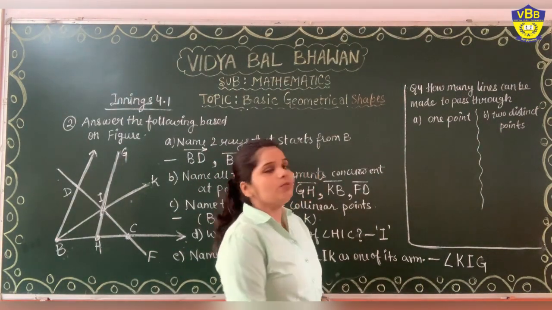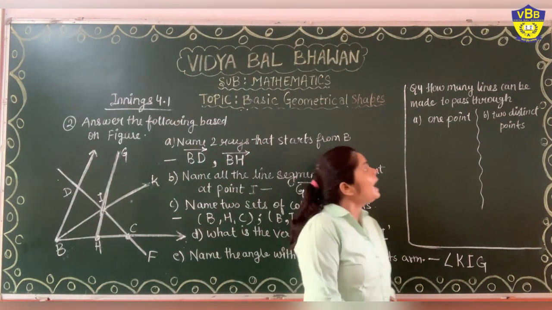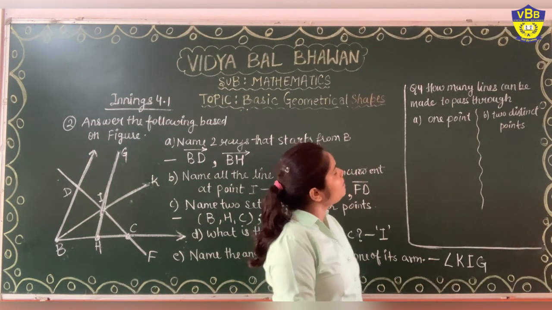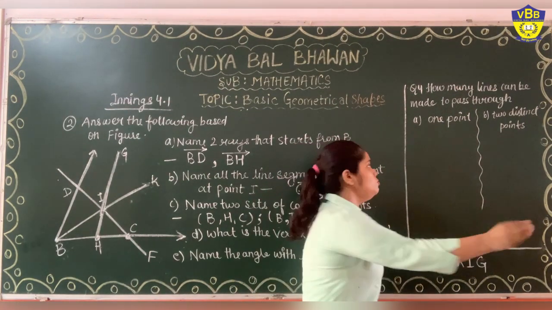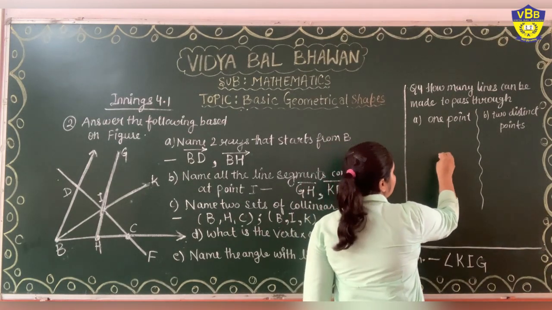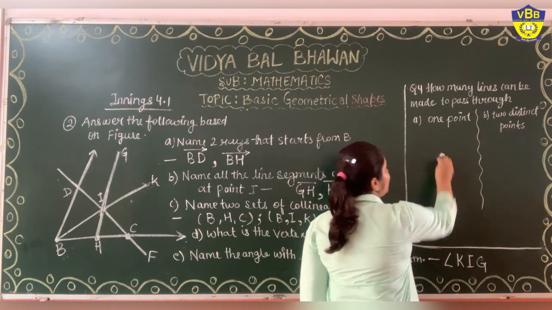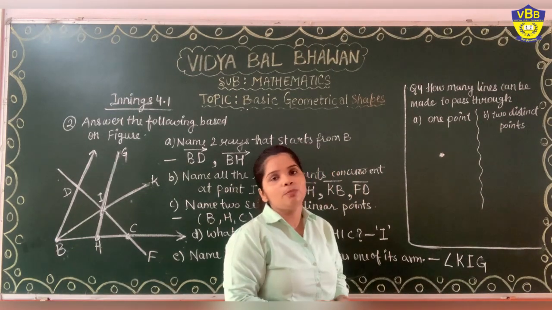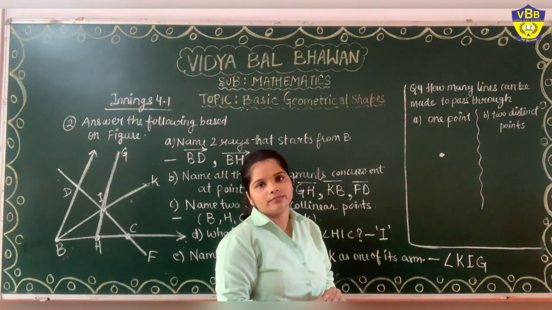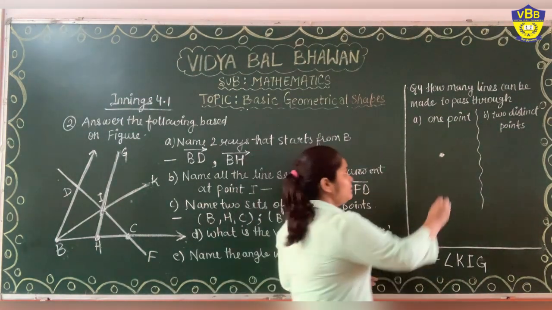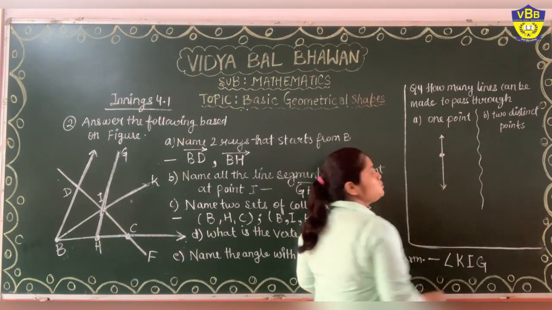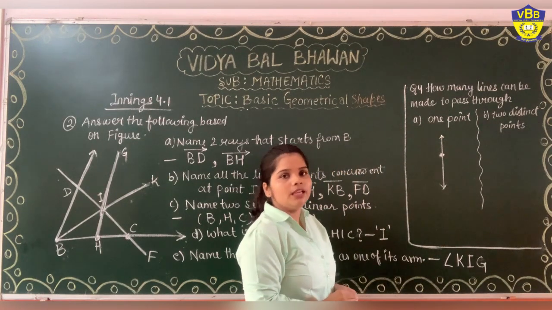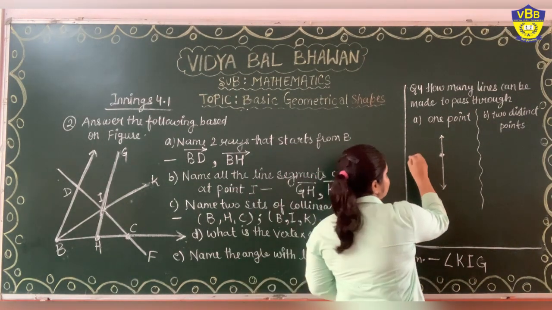Okay. Next one, question number 4. How many lines can be made to pass through one point? You have only one point, this point. Now, how many lines can you pass through this point? One. Can you pass more lines from this single point? Yes.